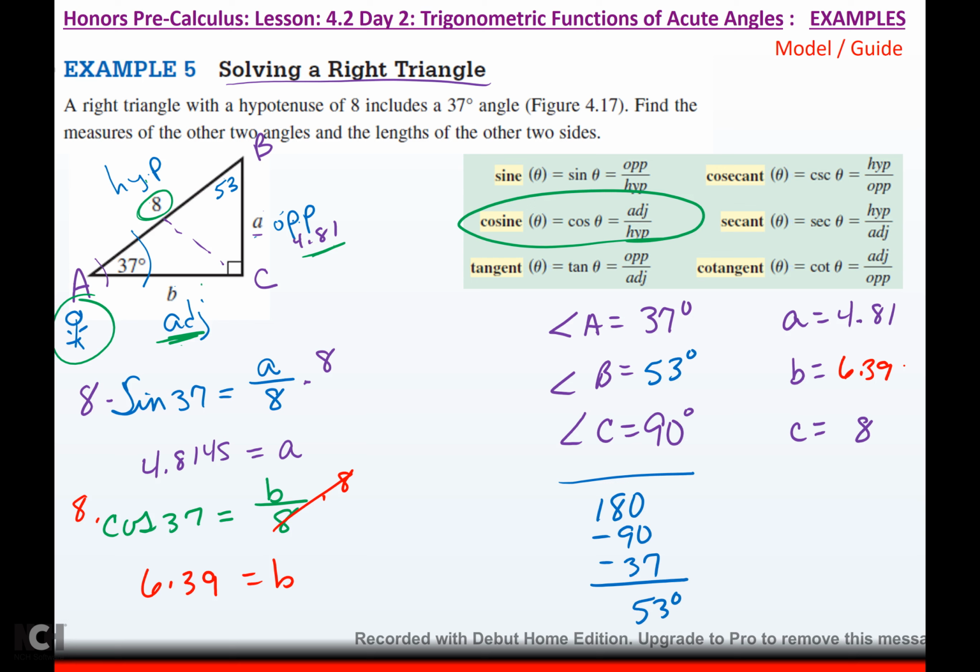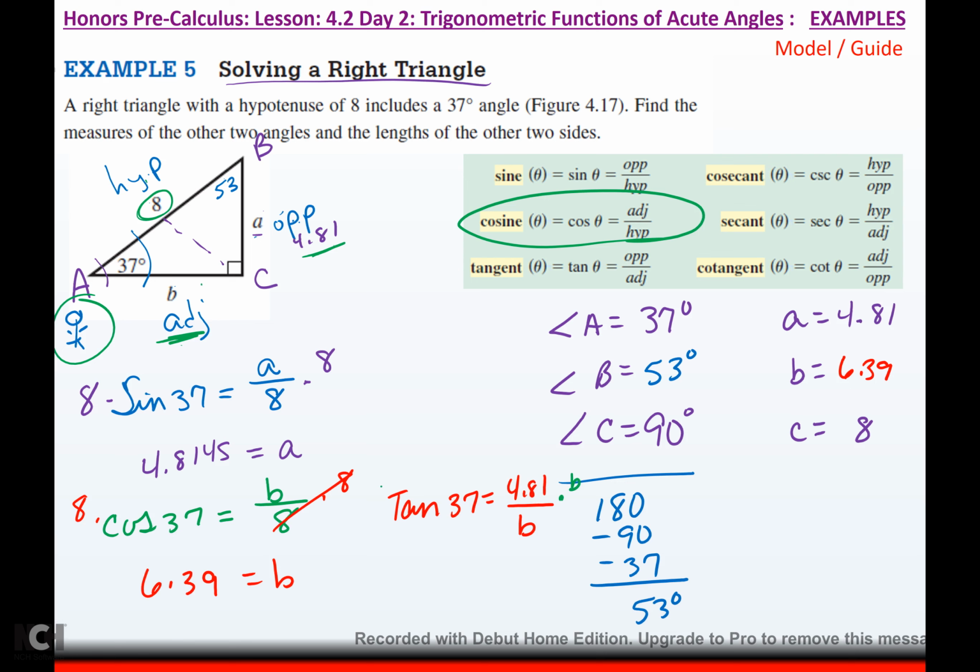Again, now guys, you could use other functions. There's nothing that says I had to do sine and cosine. Let me just prove it to you, I could have done tan 37 equals opposite, which is my 4.81, over my adjacent, which would be b. If you set that one up to solve, it would work.